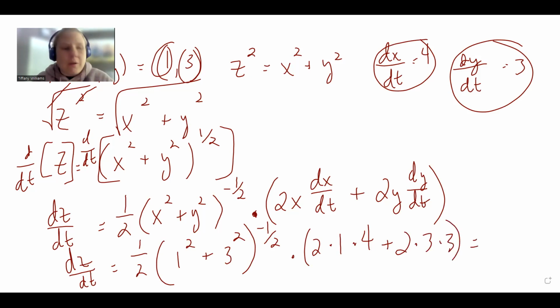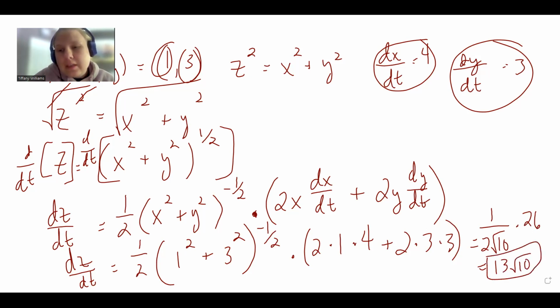If you go through and work all of that out, because I'm out of room here, you are going to get 1/2 over the square root of 10 times 26, which is going to give you a grand total of 13 over the square root of 10. So that's the answer for dz dt.